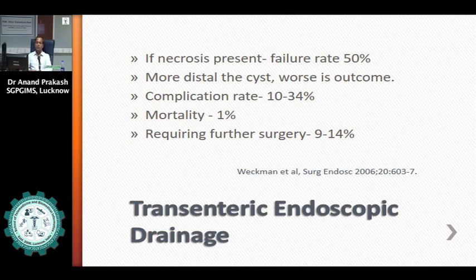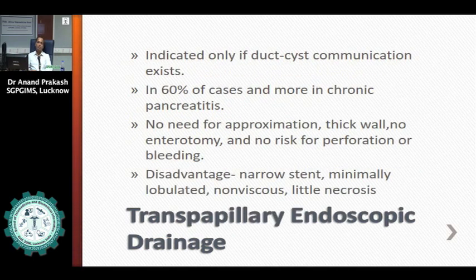In these cases, endoscopic ultrasound is used to map the area and contrast is injected to know the anatomy of the cyst. Maybe one or two stents are placed through the tract made from the posterior wall of the stomach to the pseudocyst, usually 7 to 10 French, and kept for several months. One has to be very cautious in selecting these patients, because one has to be pretty sure by ultrasound or CT scan that there should be minimal residue.